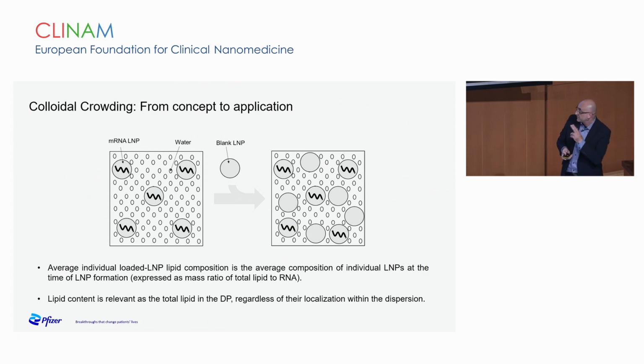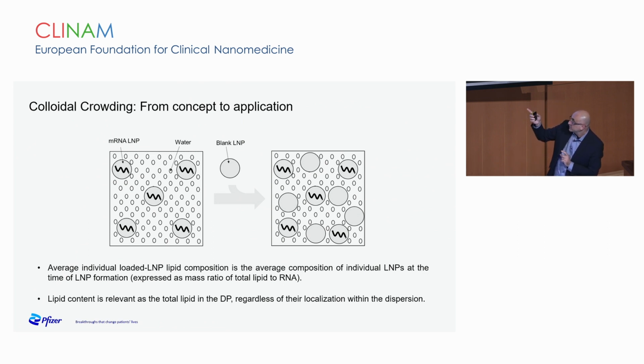So with that said, we started making some blank LNPs, with the same methods that we use to make the loaded LNPs. And we increased the concentration of LNPs in the formulation, keeping the same concentration of RNA intact.